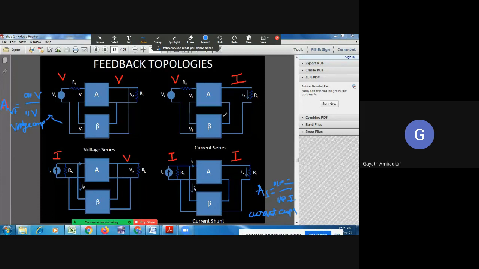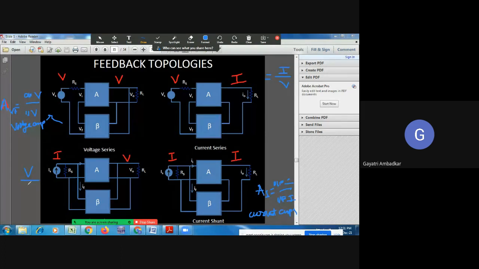Now look at this amplifier. What is the output signal? I will write the gain of this amplifier. First, what is the output signal? Current. What is the input signal? Voltage. Look at this amplifier. What is the output signal? Voltage.